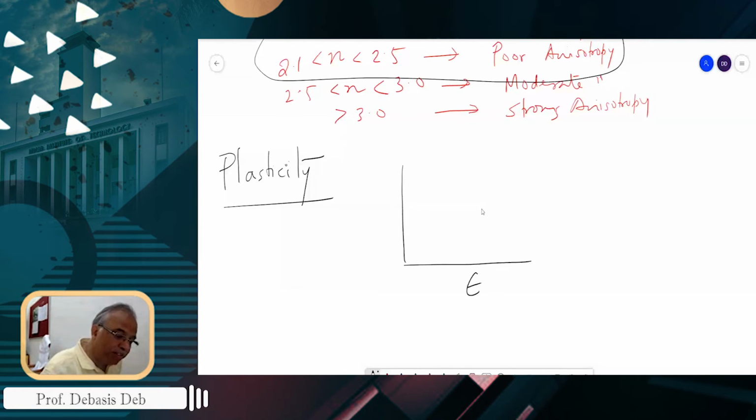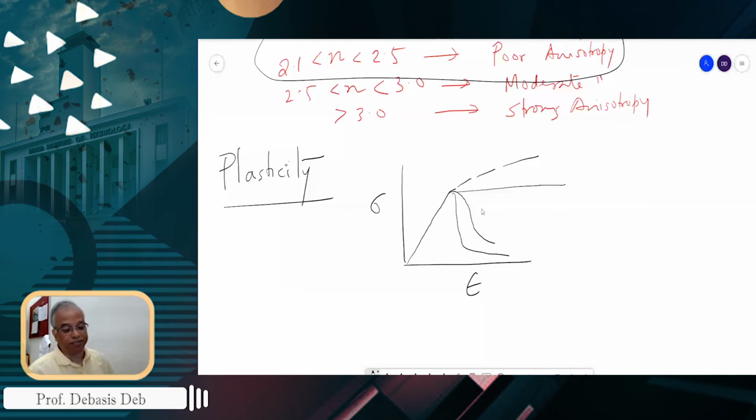So if you remember, initially I plotted, even in one dimension, the stress versus strain. I told you initially this is Hooke's law, and then it either falls like this, or abruptly falls like that, or it goes like this, or as a theoretical thing, it is a straight line. I told you this is strain hardening.